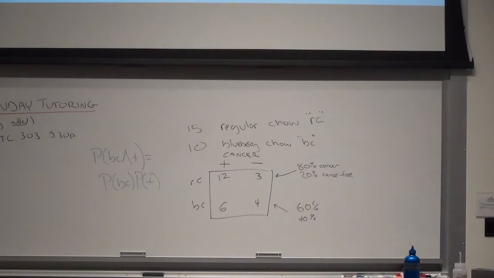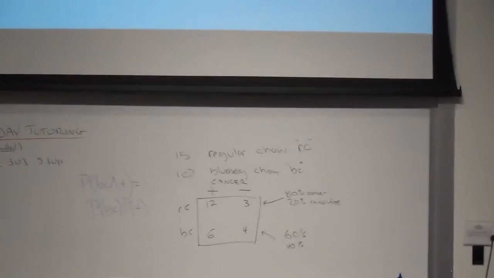Okay, the first thing I need to do, I'm going to make this really straightforward. Just going to have a list of mice. 15 are eating regular chow. So this is a list that contains just one element, the string RC, and we're going to repeat that 15 times. So you can multiply lists, and that repeats them.